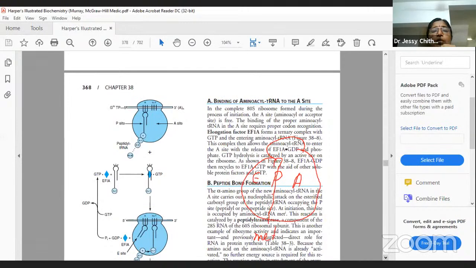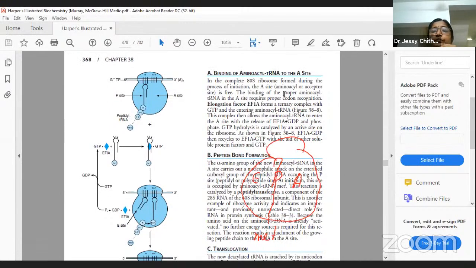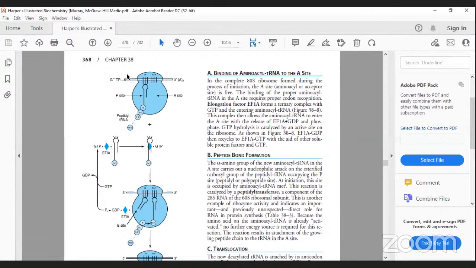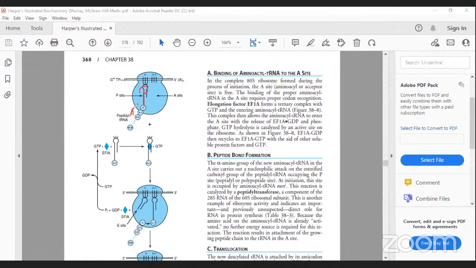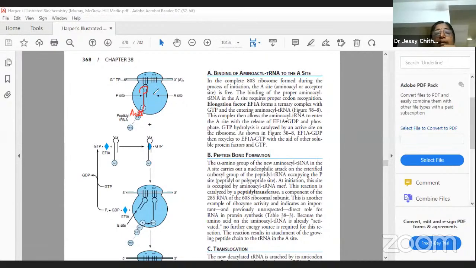Coming to the elongation phase. During the elongation phase, we can see this site is free. At the start, the methionine carrying tRNA is in place, so the A site is free.